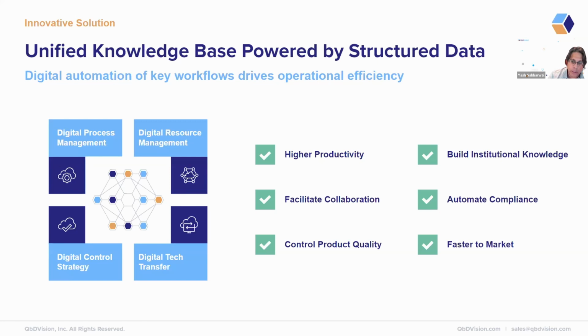You want to be able to build institutional knowledge in a way that the knowledge becomes part of the organization and not just specific to individuals. You really want to be able to automate compliance and use all of these capabilities to get your CMC program moving more quickly and your products to market a lot faster.